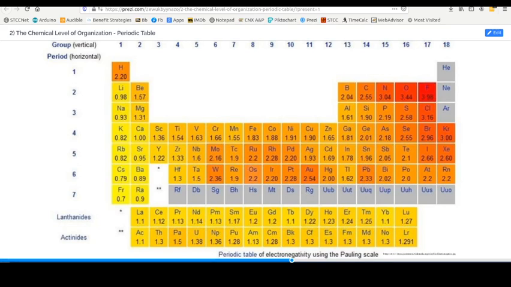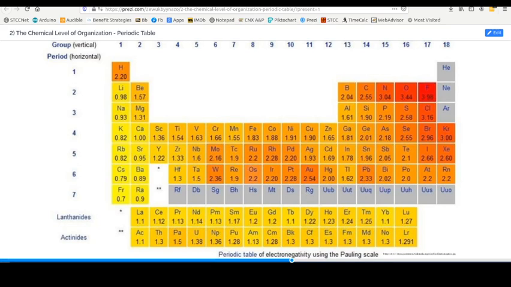However, notice that hydrogen is a darker shade than lithium that's right below it, and the number there is quite different. Hydrogen's 2.20, lithium's 0.98, while they're right next to each other. And usually when we're looking at squares that are next to each other, they're generally fairly close.